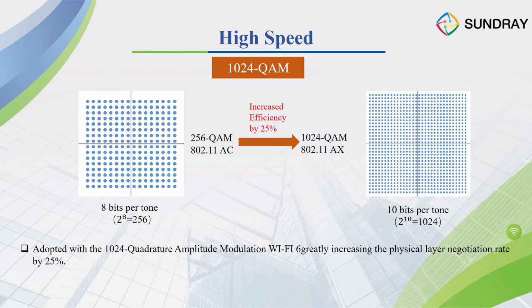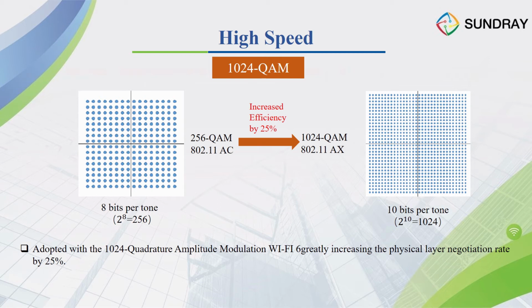Let's see the technologies one by one. First one is 1024 QAM. For this QAM, we compare Wi-Fi 6 with Wi-Fi 5, so we can know how this 1024 QAM technology improves our Wi-Fi connections and Wi-Fi speed.